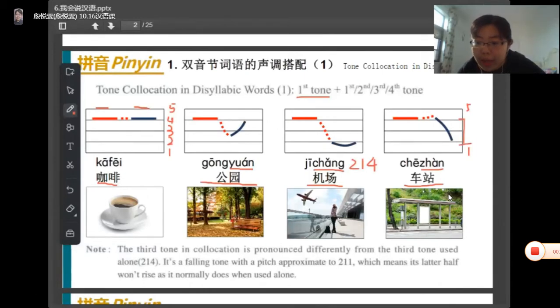Okay, a student asks, what's the default tone of 一? It's the first tone. 一 is the first tone, for example the number 一, 1, 1.